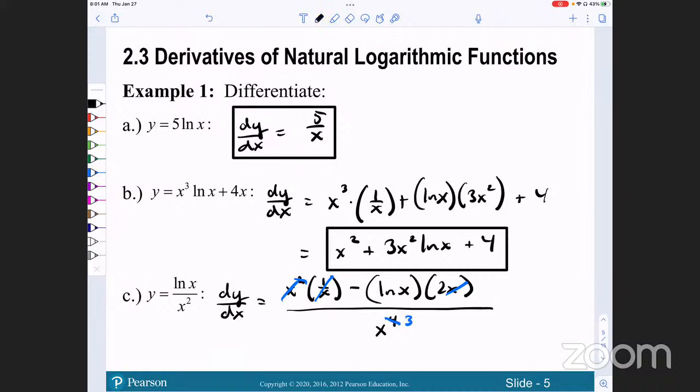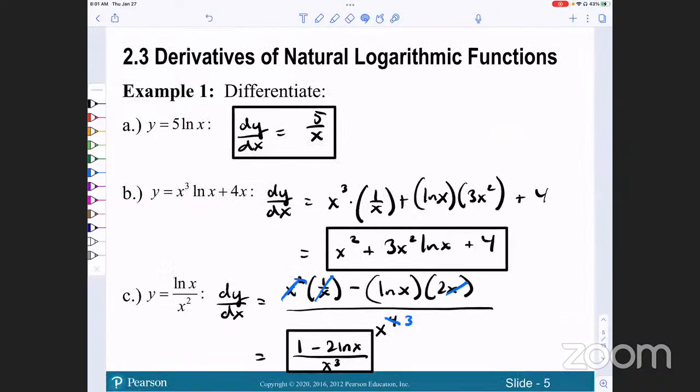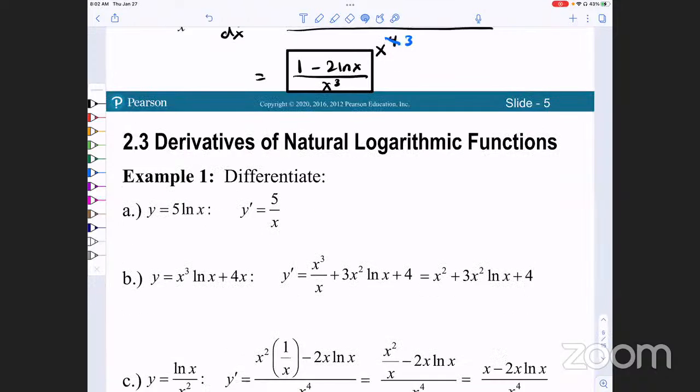Now if I account for those changes, it looks like I'm kind of out of space. We're going to have 1 log of x over x cubed. x squared plus 3x squared natural log of x plus 4.